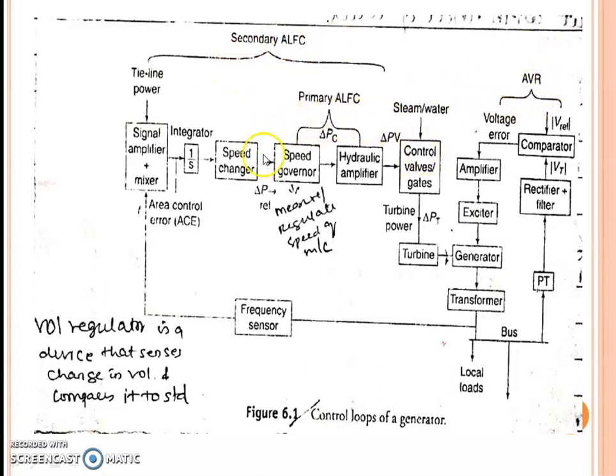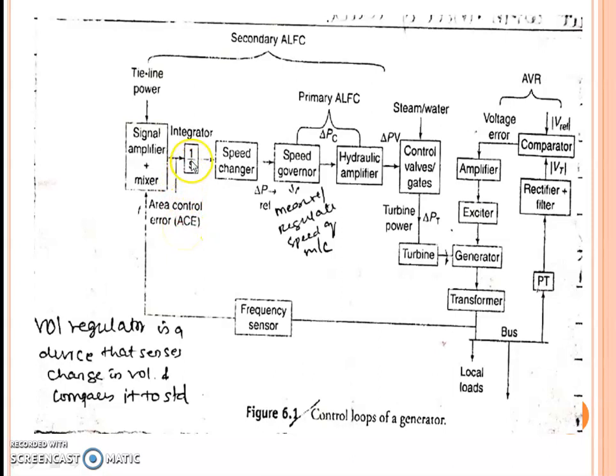First we need to understand the ALFC loop, and afterwards the AVR. The tie line power in the secondary ALFC is fed to the signal amplifier and the mixer. The output of this is given to the integrator, and another input for the integrator is the area control error.